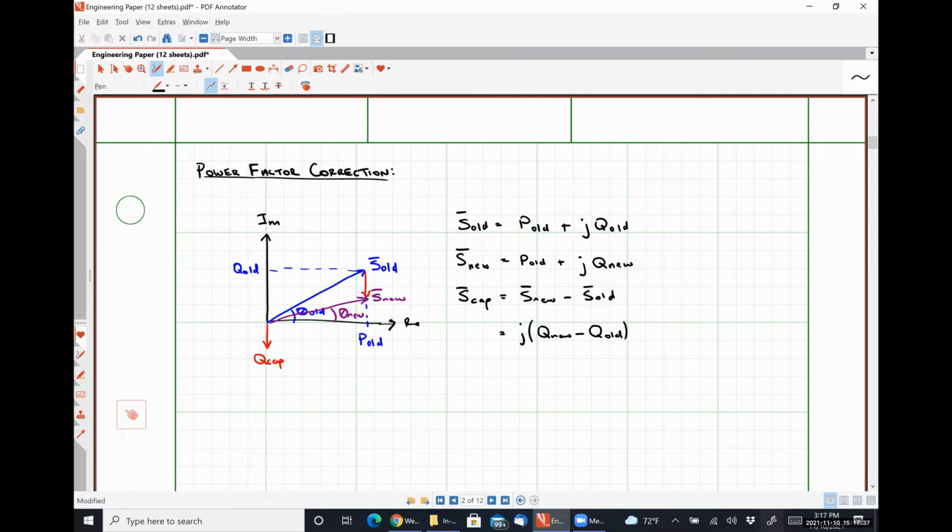So this tells us the amount of reactive power that the capacitor needs to supply.